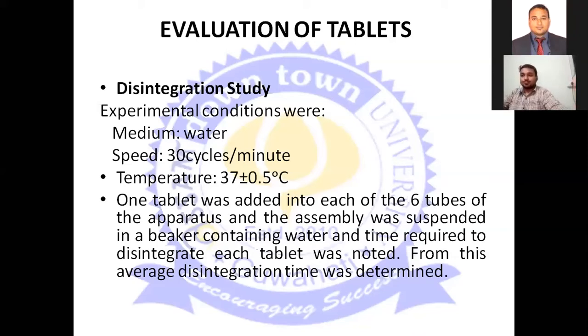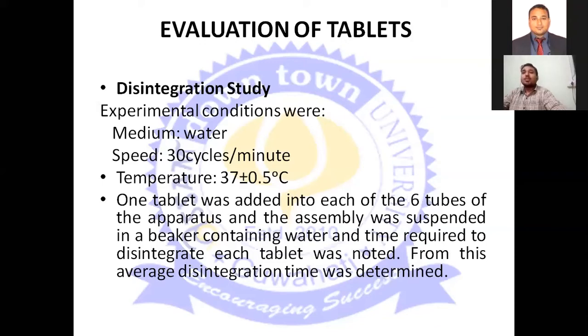In the disintegration test apparatus, I have shown that there are 6 chambers. In each chamber we have to put one tablet. After putting the tablet, we start the disintegration apparatus and we note the time. The time at which the tablet disappears is the disintegration time.